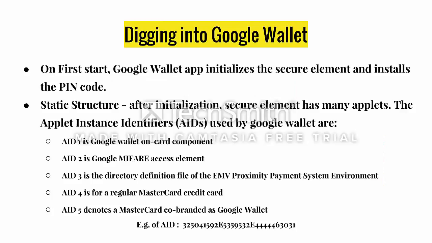Now, going a little further into the Google Wallet app. Upon its first start, the Google Wallet app initializes the secure element and installs a PIN code that is necessary for using the app's user interface.